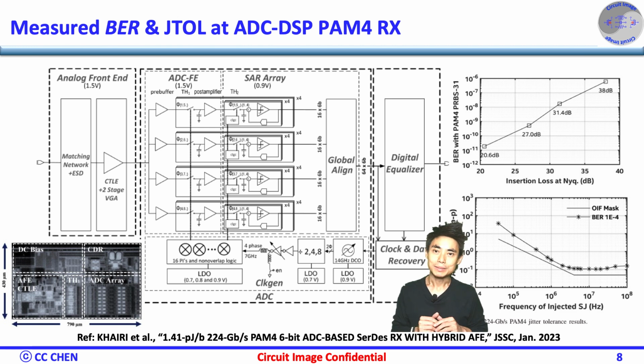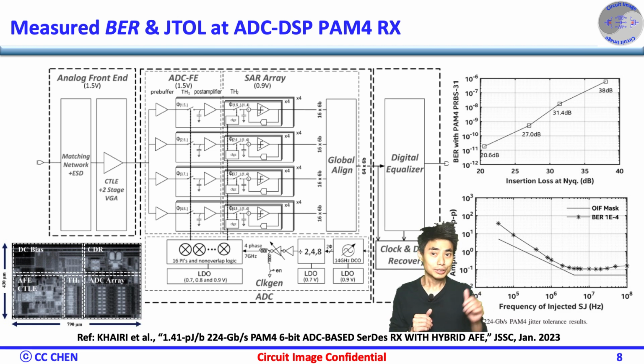The bit error rate measurement was repeated across 4 external loopbacks in 20 dB, 27 dB, 31 dB, and 38 dB. With the measured bump-to-bump insertion loss, this loopback setup achieves bit error rates of 1E-11, 5E-10, and 6E-7 respectively.